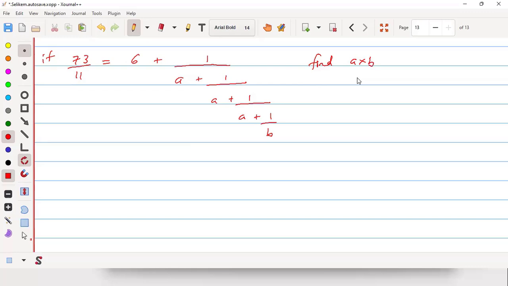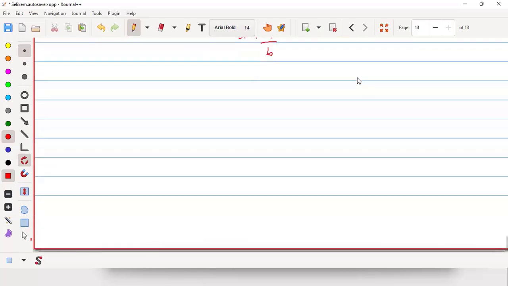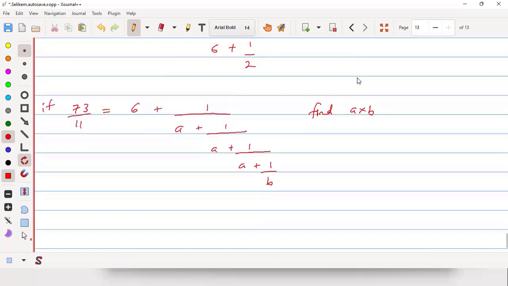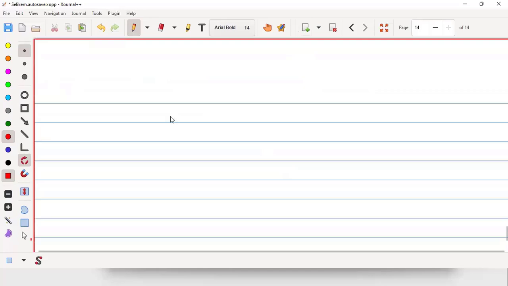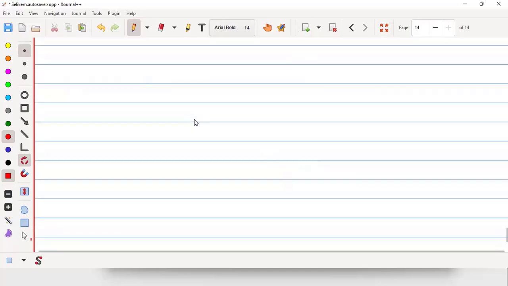Let me go to the next page. Just write 73 over 11 as a continued fraction. When you are done, we compare it to the question given and we know what A would be and what B would be. Then we do the multiplication and we'll be good to go.